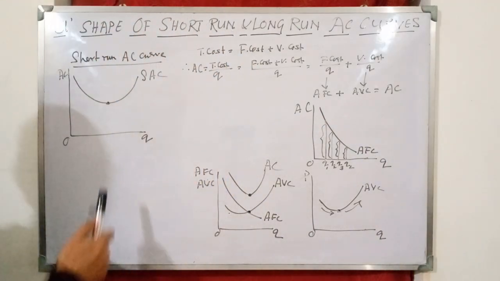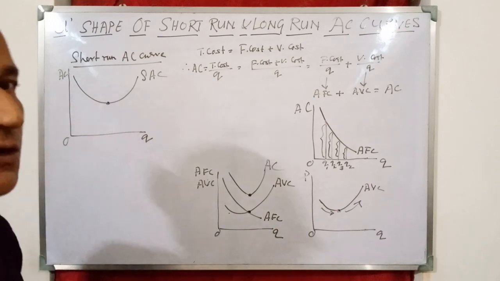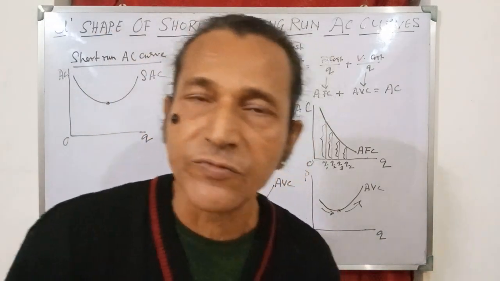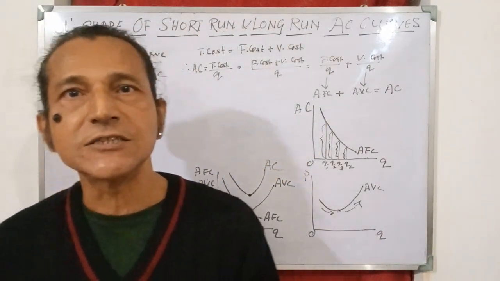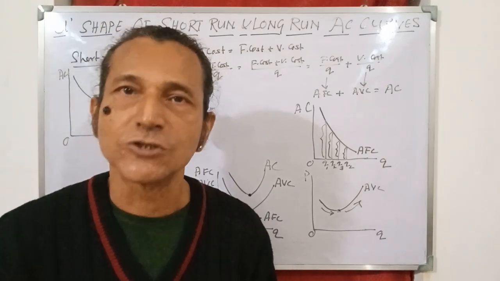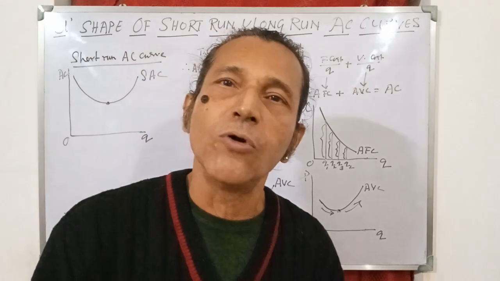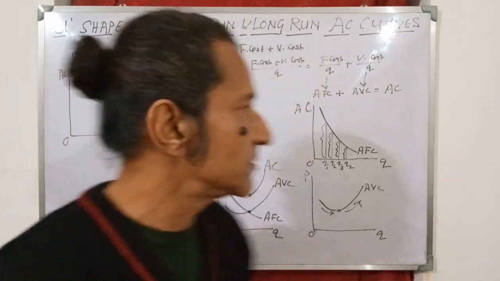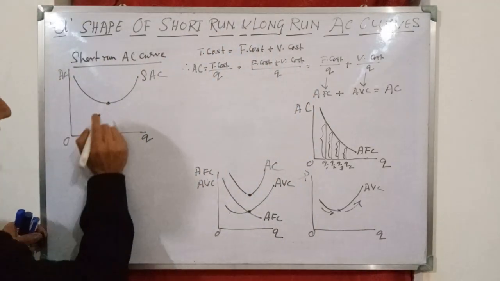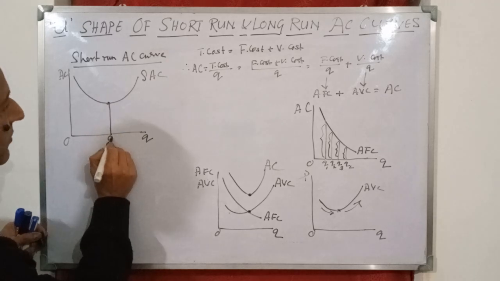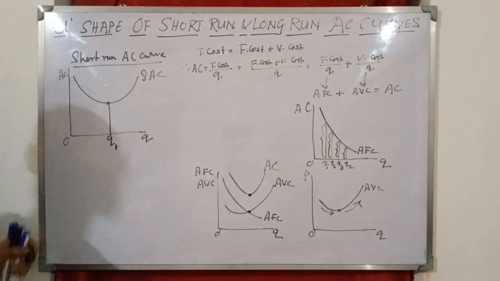Ultimately, that efficiency goes away because fixed factors cannot be increased or decreased in the short run, so the fixed factors are more and more extensively used beyond this point. Say this is Q sub 1 units of output.